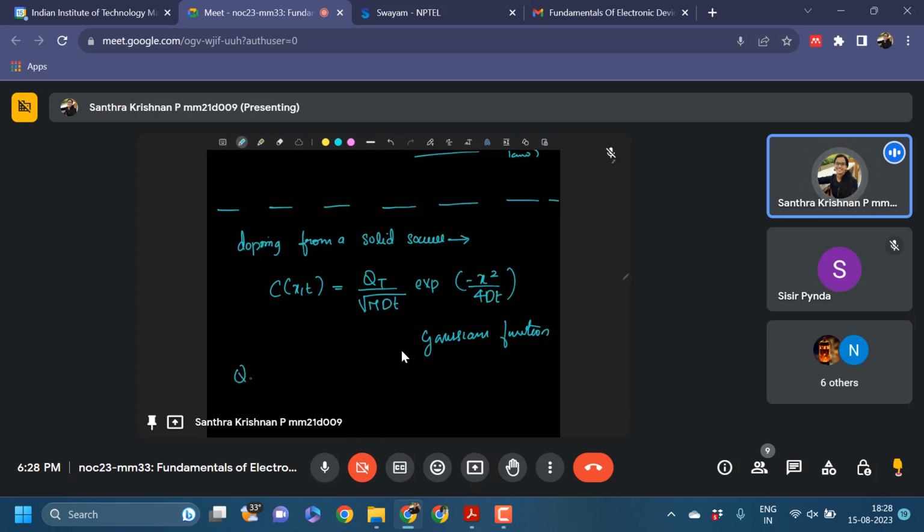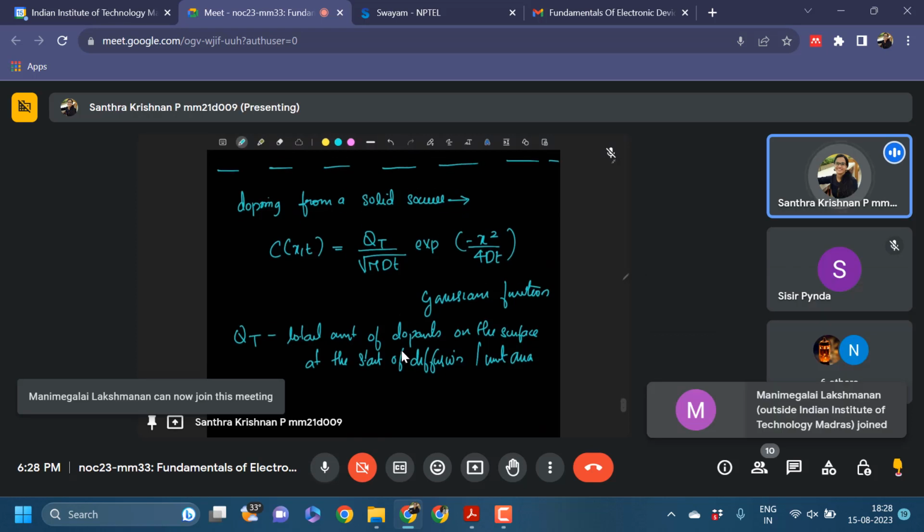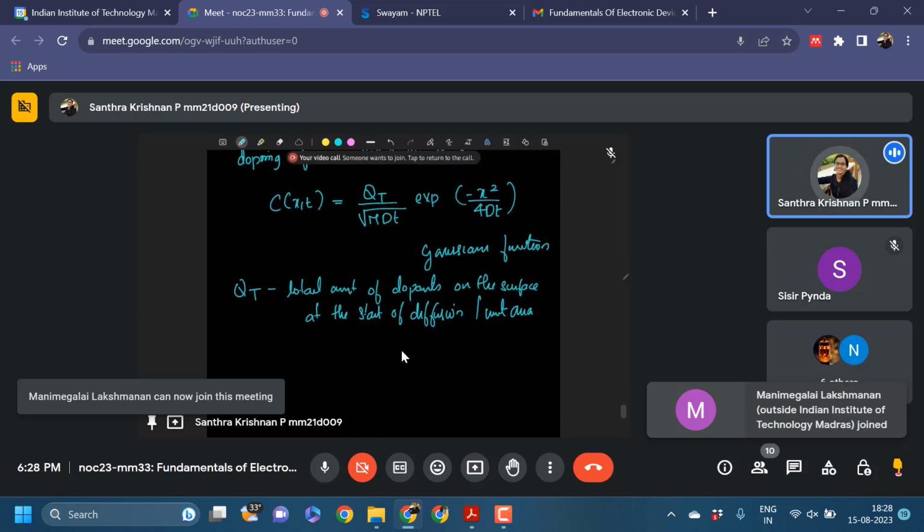So that is also one thing you have to remember. So this equation you remember, right? C of x, t is equal to Qt by root of pi Dt exponential minus x square by 4Dt.